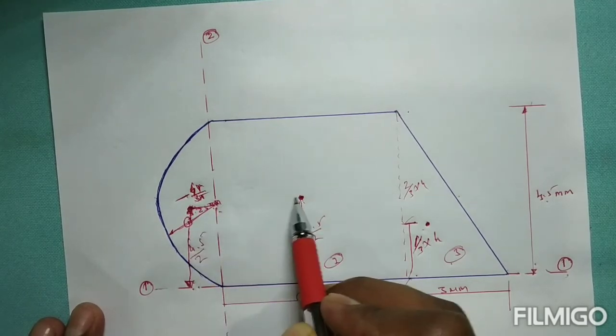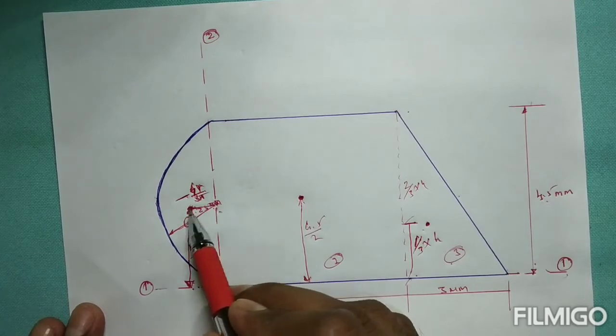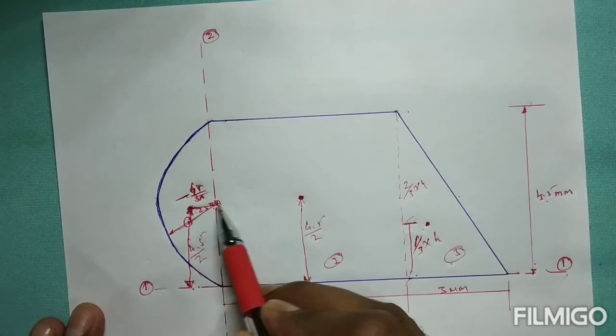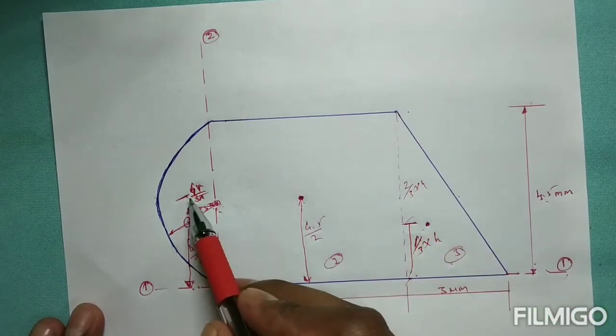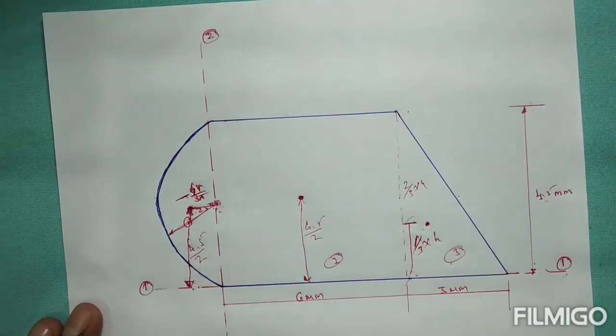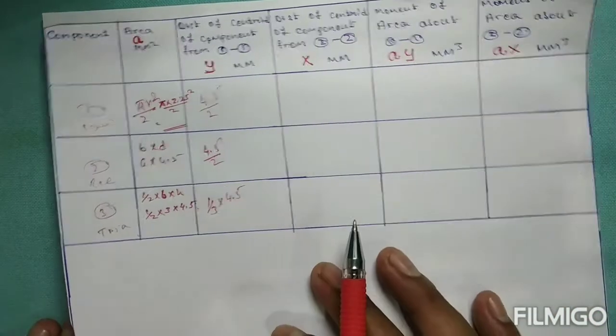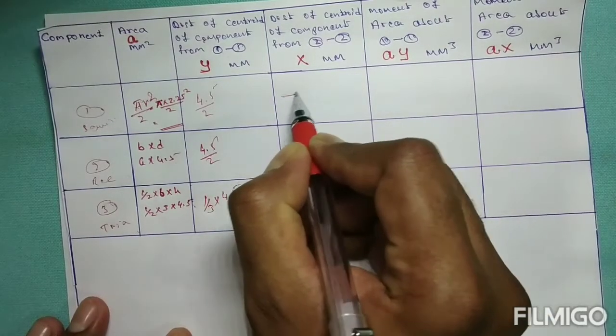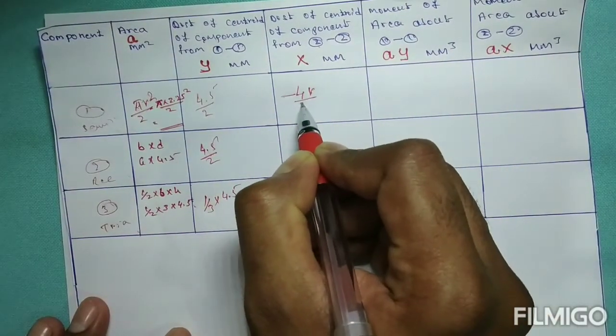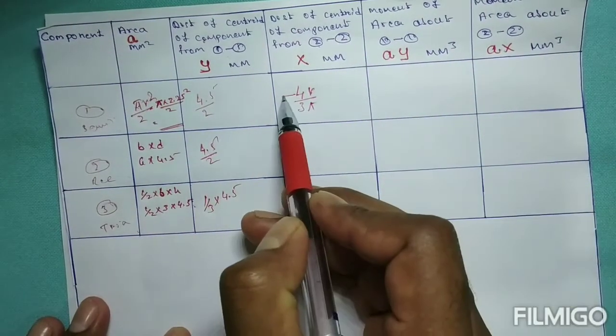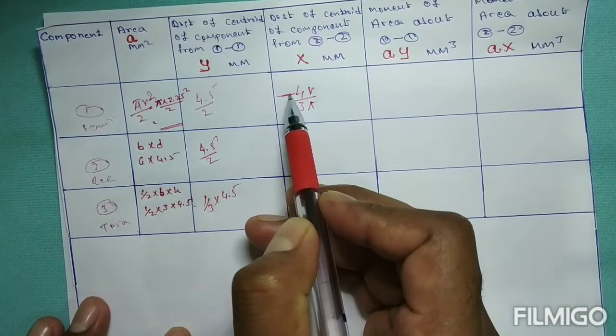In the left side case you have no problem, you can take positive, but here you have to take negative because your reference axis is on the right side of the CG. So that will be minus 4r by 3 pi for the first component. Be careful, the negative indicates your reference axis is on the right side.